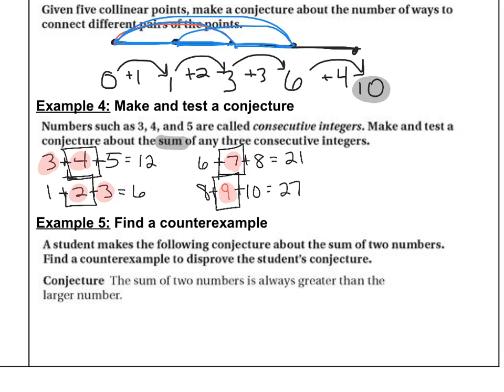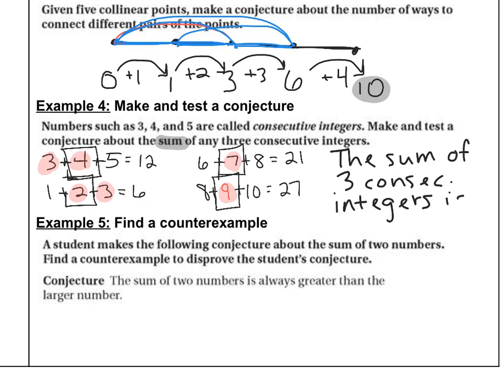So a conjecture we can make about consecutive integers is that the sum of any 3 consecutive integers is 3 times the middle integer.